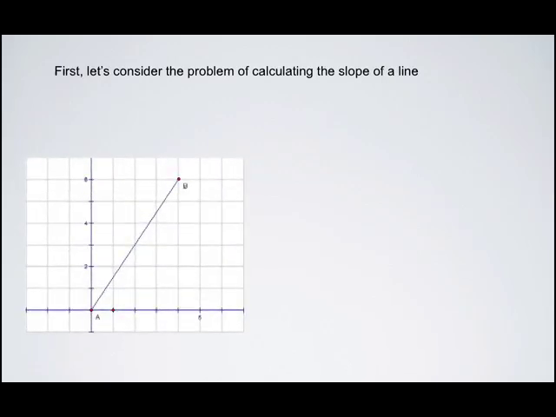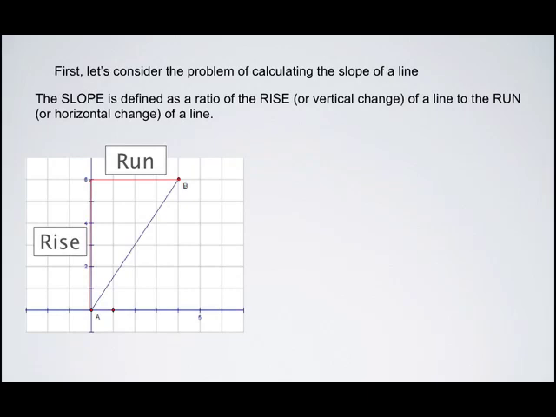Here we see a line segment placed upon a Cartesian plane from points A to B. It has a rise and a run. The rise is how many units it goes up vertically, and the run is how many units it goes across horizontally. The slope is defined as the ratio of rise or vertical change of a line to the run or horizontal change of a line.